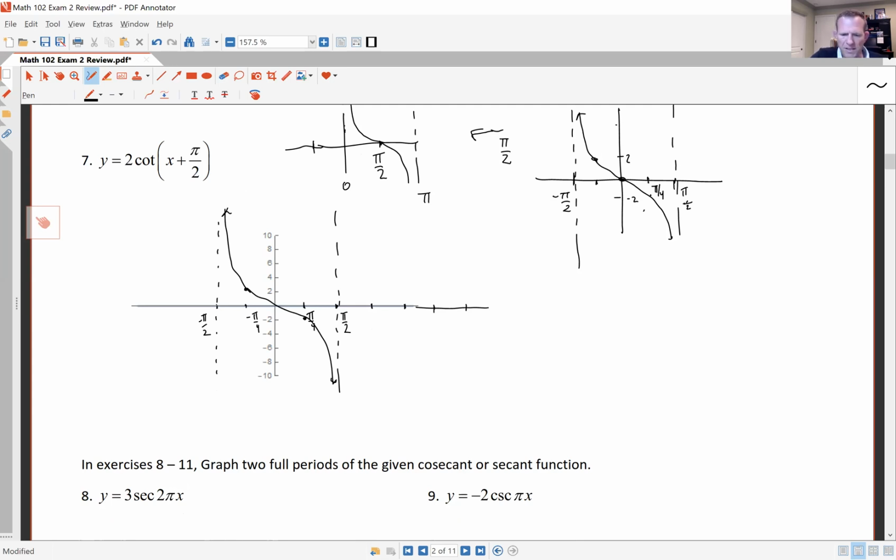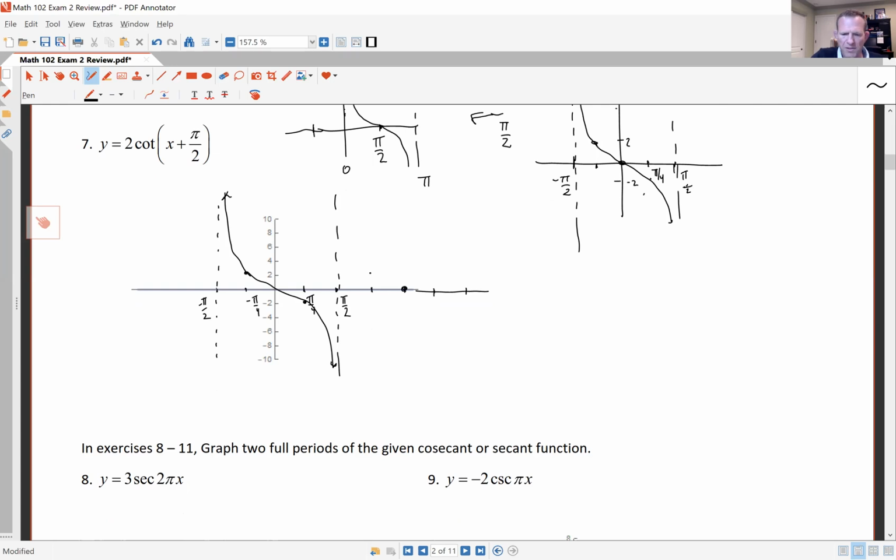This one's going to be our 0. This is going to be our 2. And this is going to be our -2. And this is going to be our vertical asymptote. Let's go ahead and put our markings on our x-axis there. Pi over 4, 2 pi over 4. Then 6 pi over 4 is 3 pi over 2.